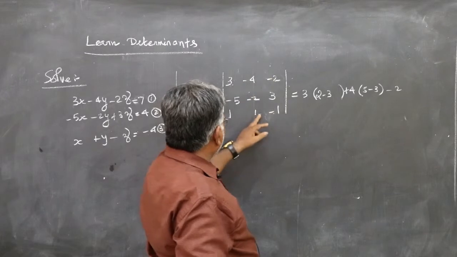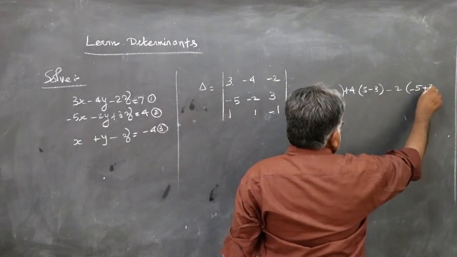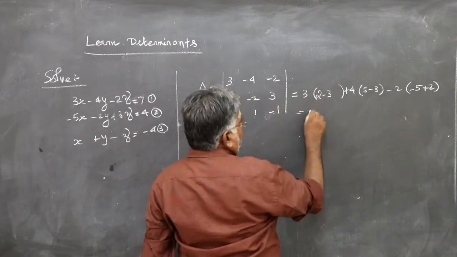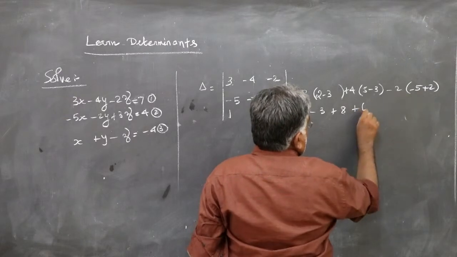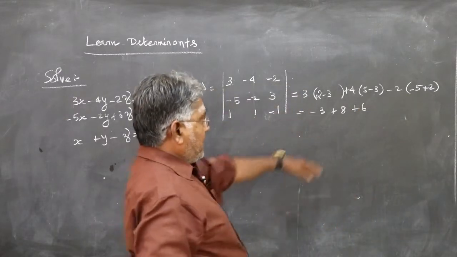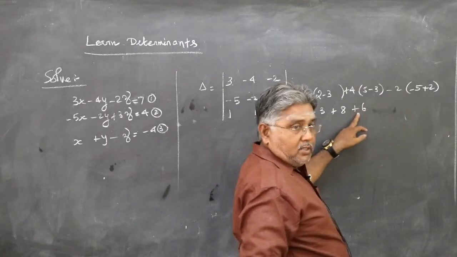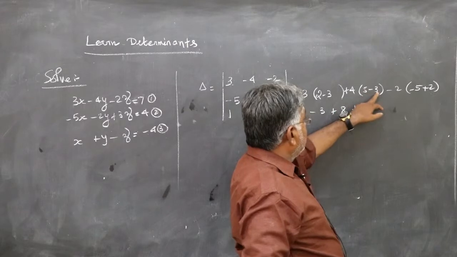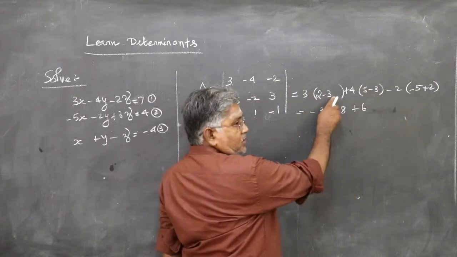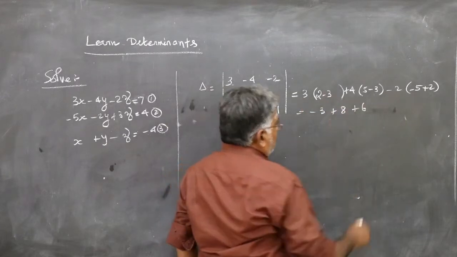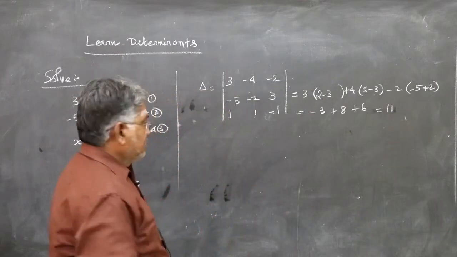Forget about this row and this column, minus 5 plus 2. So this is minus 3 plus 8 plus 6. Is it correct? Minus 5 plus 2, minus 3 into minus 2 plus 6. Then 5 minus 3 is 2, 2 into 4 is 8. 2 minus 3 is minus 1 into 3 minus 3. So this is 11. Delta is 11.